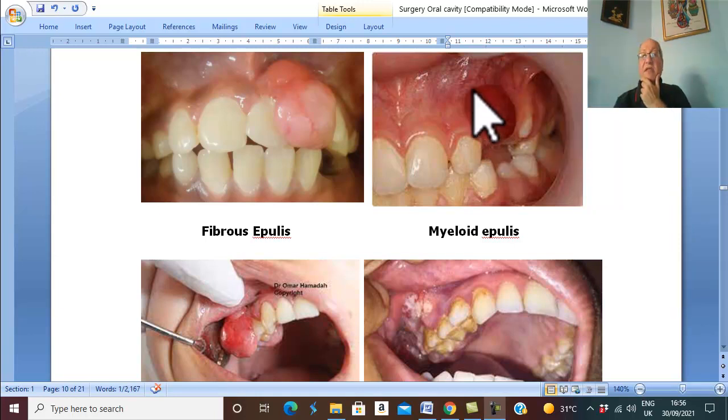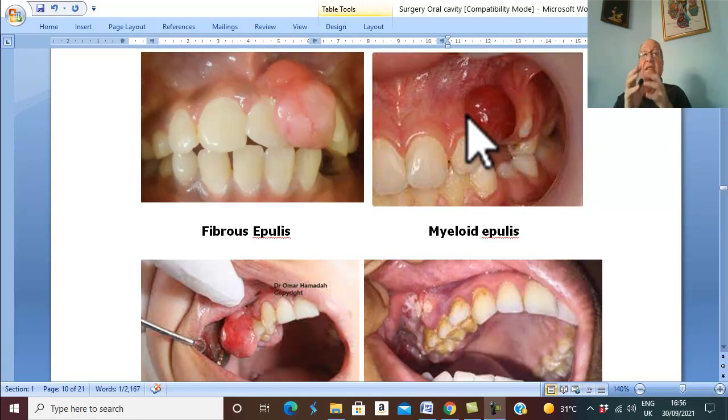Soft swelling. Because it is highly vascular, during examination it bleeds on touch. Since it arises from the periosteum of the bone, it is fixed to the bone.